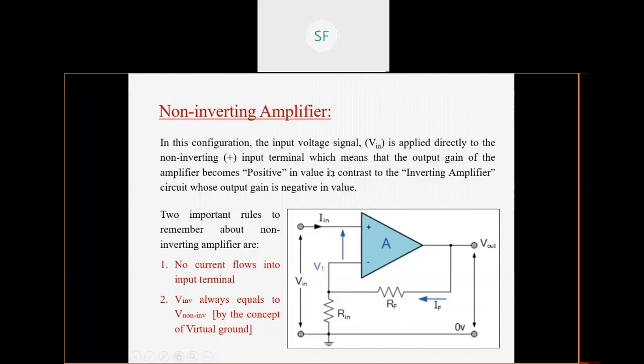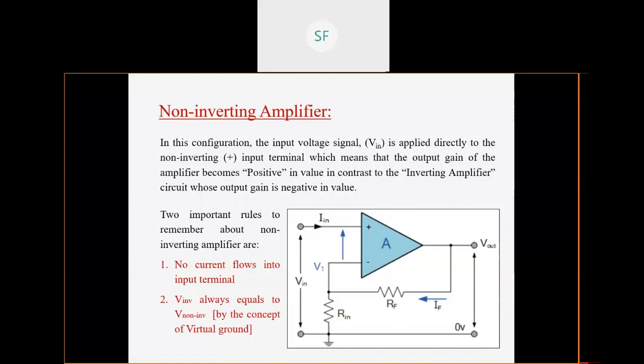So a question may ask: derive the expression for the gain in the case of a non-inverting amplifier. For that you have to draw this particular circuit, remember and write down these two rules, and by applying only these two rules you will be able to get the gain formula for the non-inverting amplifier.